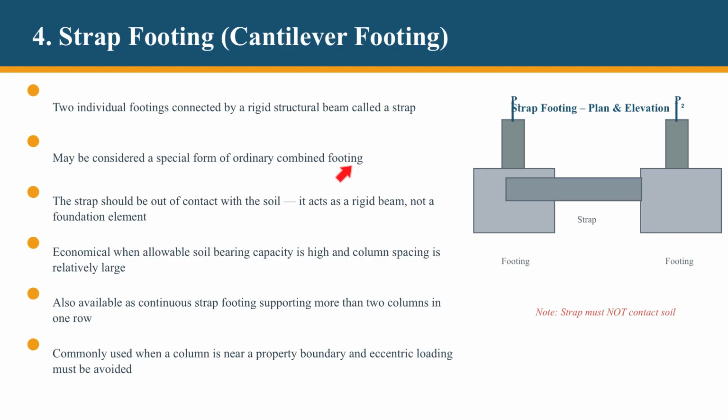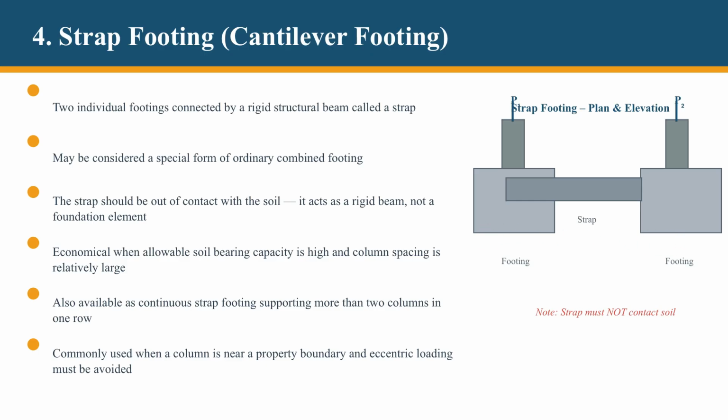But what is the difference? This strap should be out of contact with the soil. That means it is not in contact with the soil and it will act only as a rigid beam, not a foundational element. It is economical when the allowable soil bearing capacity is high, whereas combined footing was provided when we wanted to increase the area of load distribution.